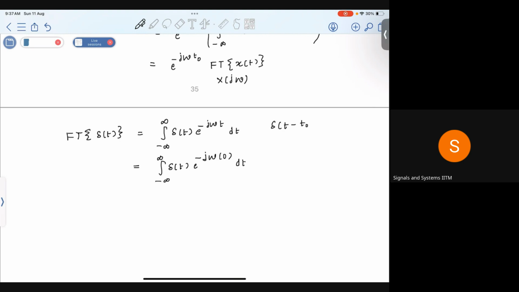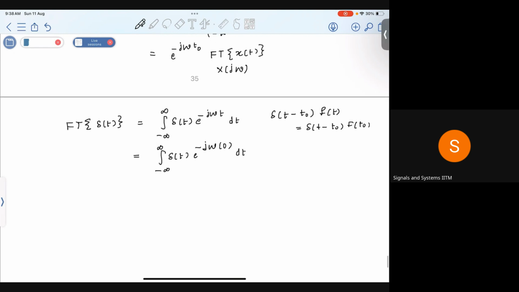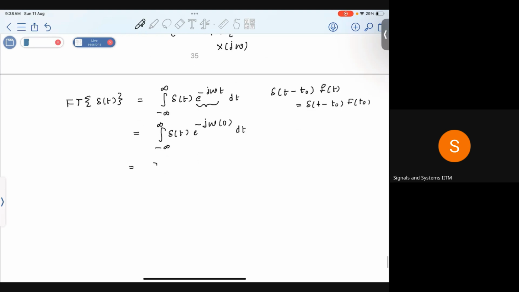Del of t minus t naught times f of t is del of t minus t naught f of t naught, right? We learned this in our earlier sessions. Consider t naught to be 0 and f of t as this. And what is this? This is simply del of t dt, which is 1, correct? This is not difficult.